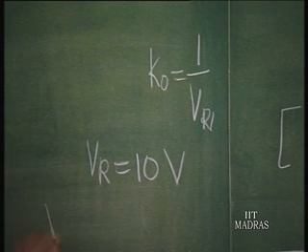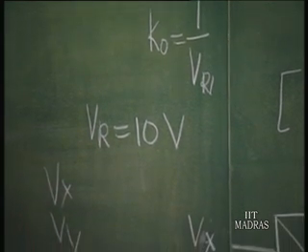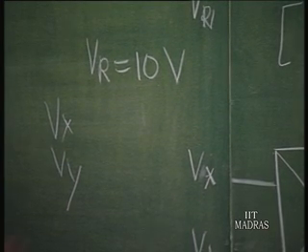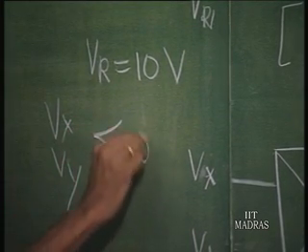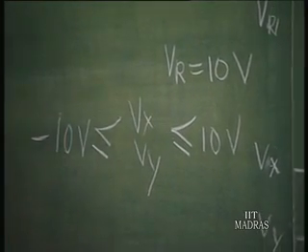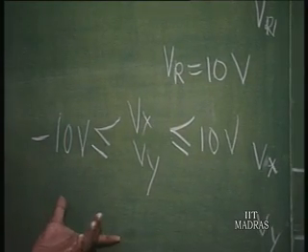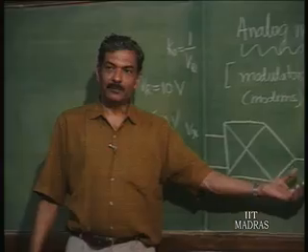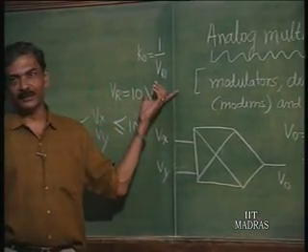So, that Vx and Vy, the dynamic range within which this is going to operate, will also be restricted to 10 volts. That means, if Vx is 10 volts, Vy is 10 volts, V naught is going to be 10 volts if you select Vr as 10 volts.